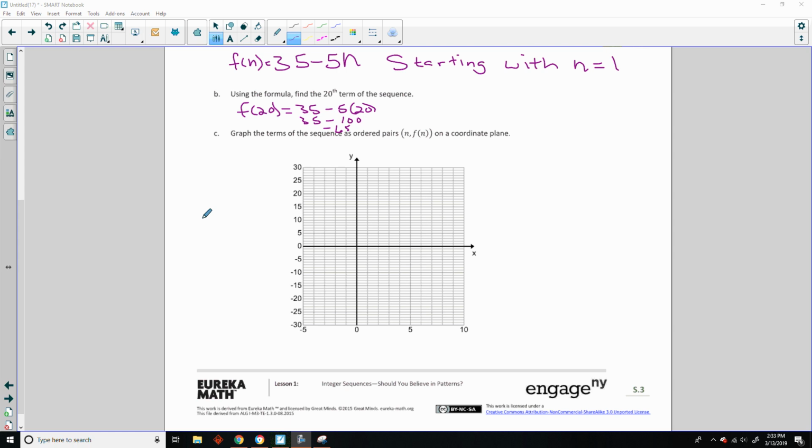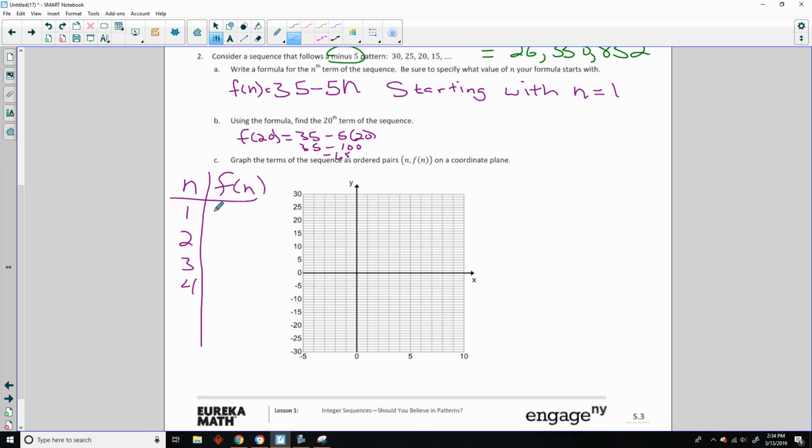Okay, now it says to graph the terms of the sequence as ordered pairs n comma f of n. So we have n, f of n, and we're starting with 1. So 1, 2, 3, 4. And what values did they give us? First term was 30, 25, 20, and 15.